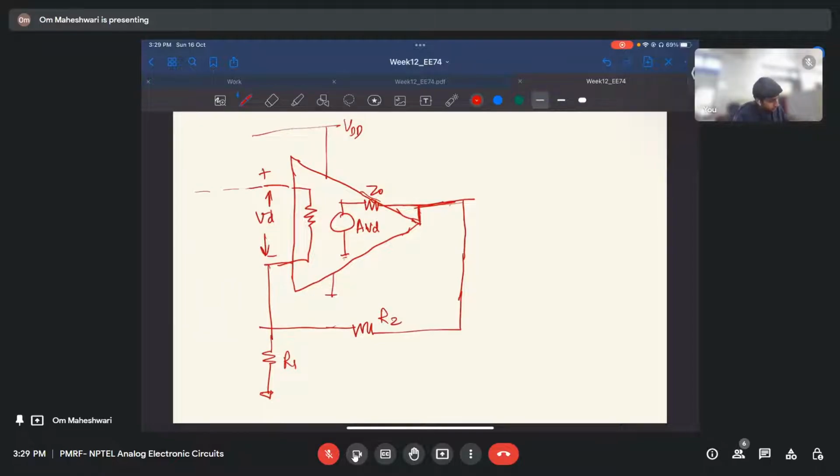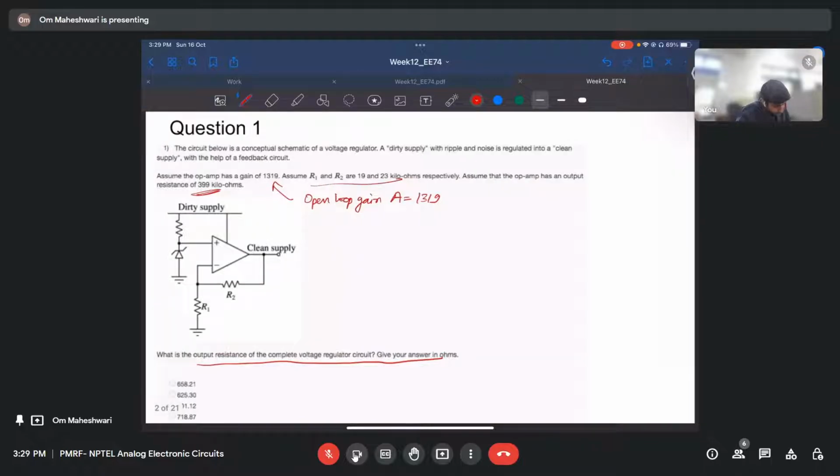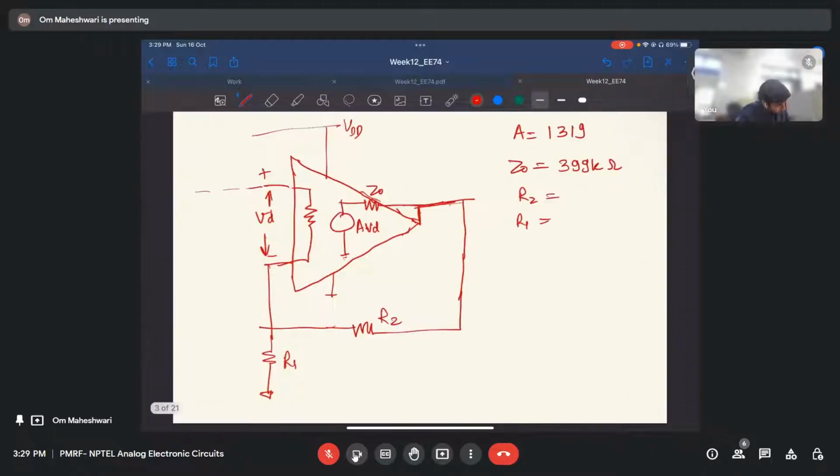So we are given A equals 13919, Z naught equals 399 kilo ohms, R2 equals 23 and R1 equals 19 kilo ohms.